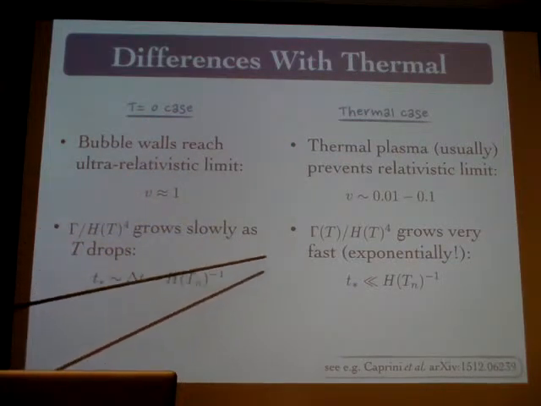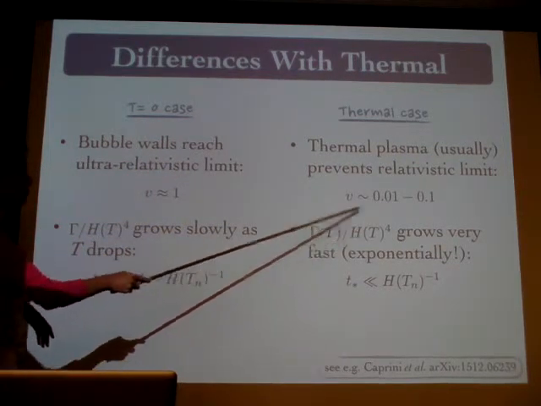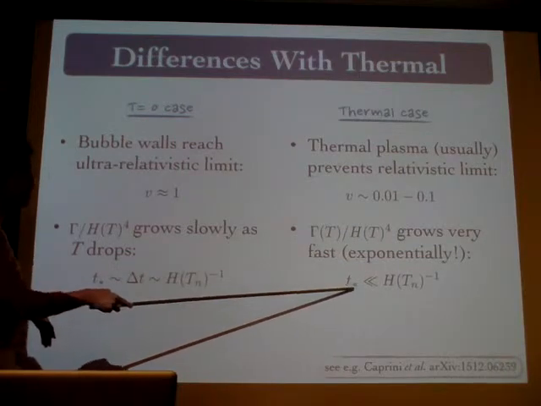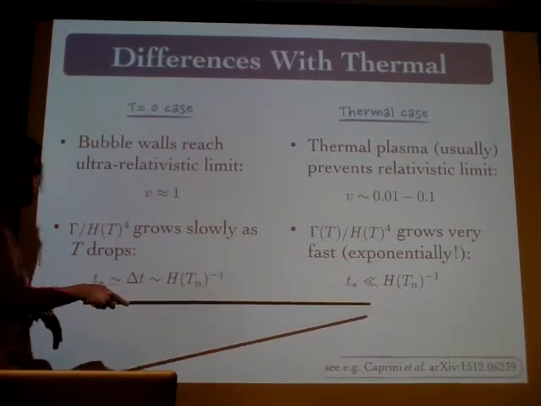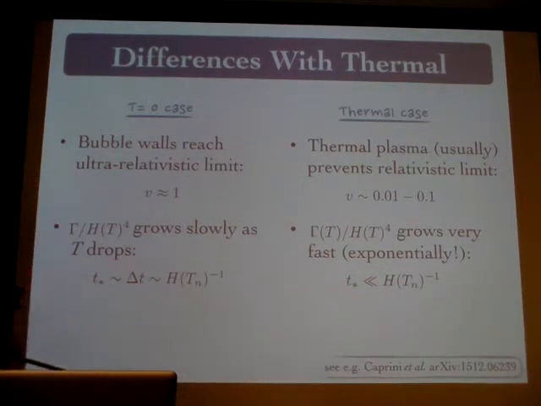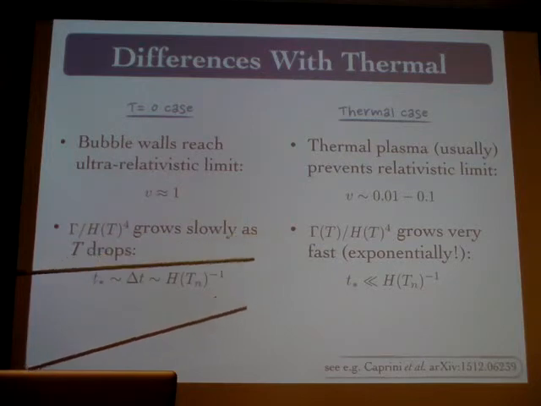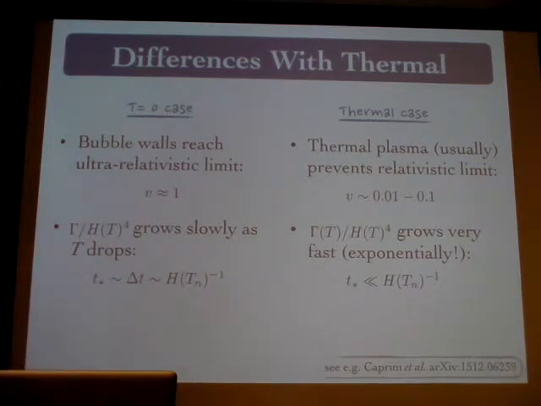Whereas in the case of a thermal phase transition, this quantity is growing very fast, and the transition takes much less time to complete. So your source of gravitational waves, in this case, is on for a much longer time. And so these two points together make the strength of a potential gravitational wave signal much stronger in this case than it would be in a thermal situation.